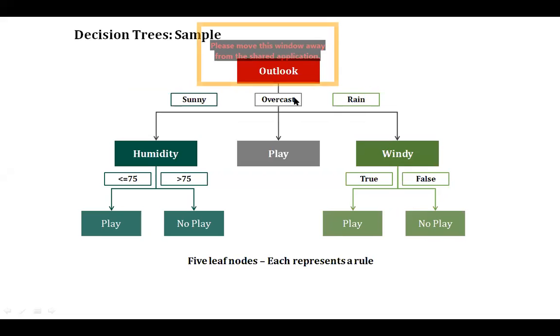Even though overcast allows us to play, if there is humidity or wind, there may not be a chance to play. So if humidity is less than 75, we can play the game. If it is more than 75, the play can be interrupted. In terms of wind, if it is true, we can play the game. If it is false, the game can be interrupted.